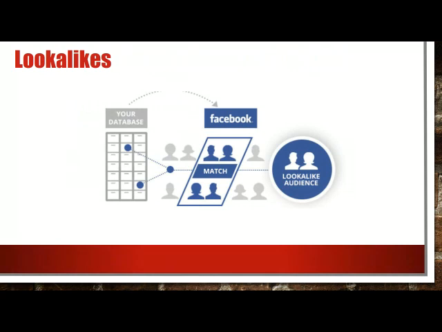So this is called a lookalike audience, and Facebook will do just what I said. They will look at the people who have interacted with your business in whatever way you asked them to before, and they will look like those people, and then you can show your ads to those.